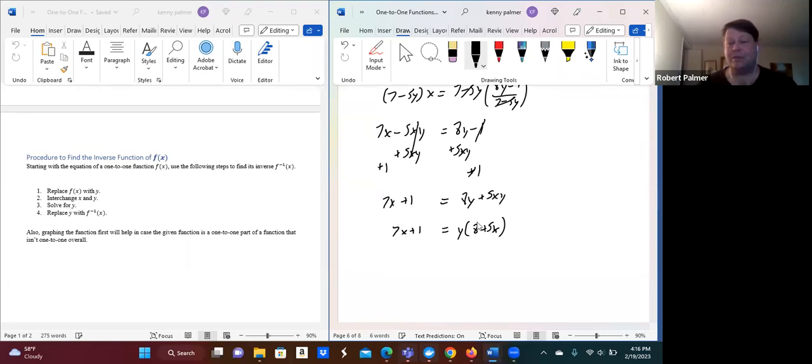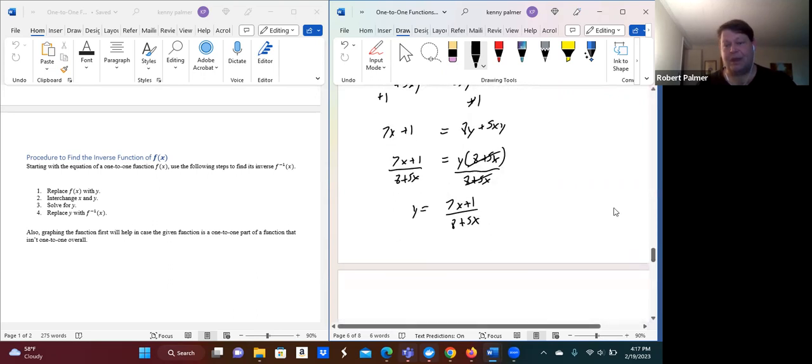Then I just have one step left: divide both sides by 8 plus 5x. This cancels out over here. Turn this around, and y is equal to 7x plus 1 over 8 plus 5x.